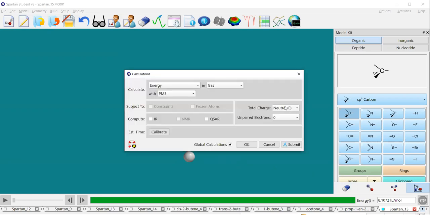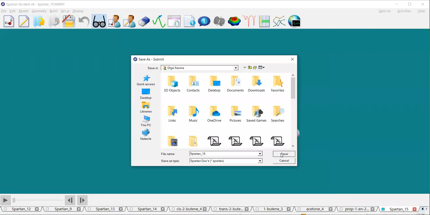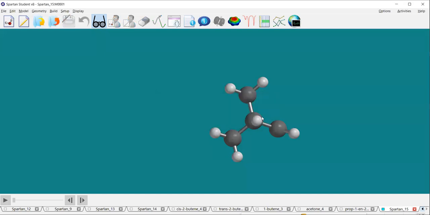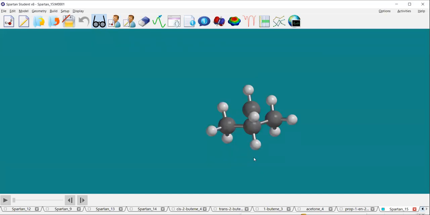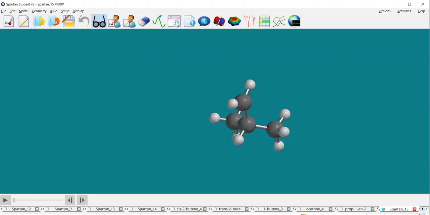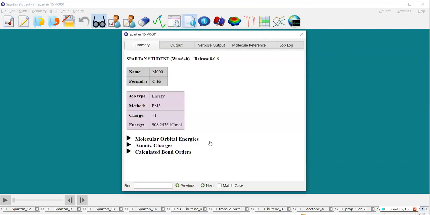I forgot to assign charge because it is cation, +1 charge. That's perfect. Done. Now I have to check the value of energy. So it's going to be 908.2436 kilojoules per mole. Record this number.